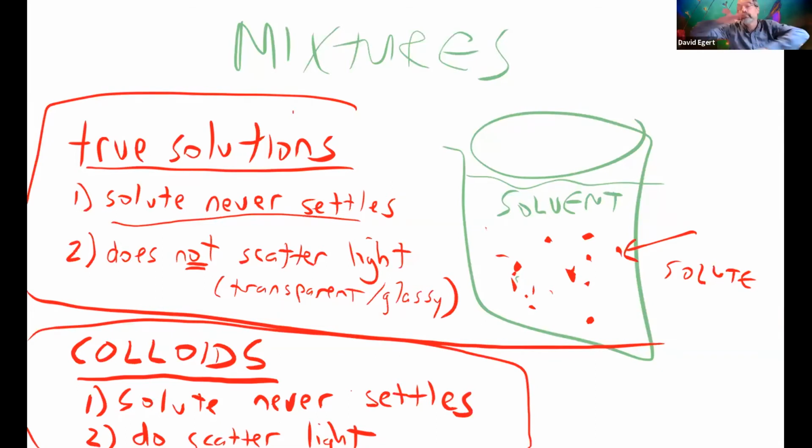You have to heat it up and mix it for a long time, but eventually it'll go into solution. Once it's there, it will not settle. But when you hold it up to a light and try to look through it, it's going to look different than just sugar water. If you hold up sugar water and a starch solution, they're going to look different, which you're going to see in a few moments in the video.